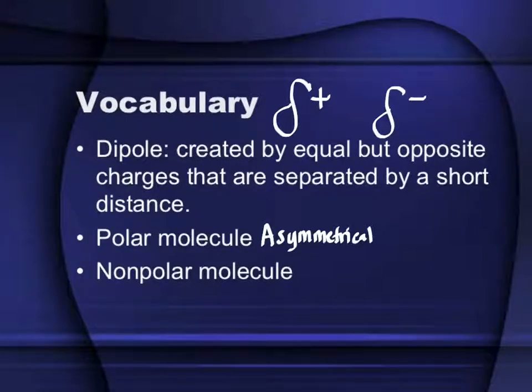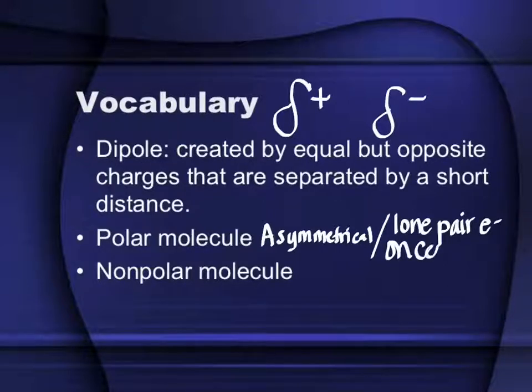You have to be able to draw that line of symmetry everywhere and see that it is symmetrical every time. If it's not symmetrical every time, then it is a polar molecule. Any molecule with lone pair electrons on your central atom is polar.